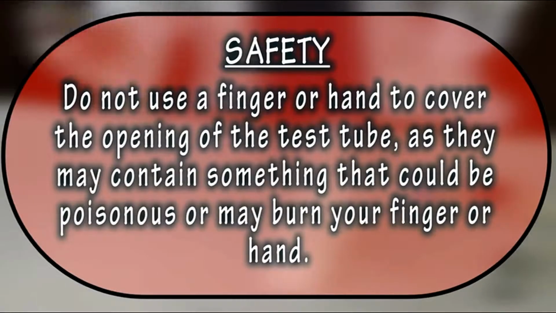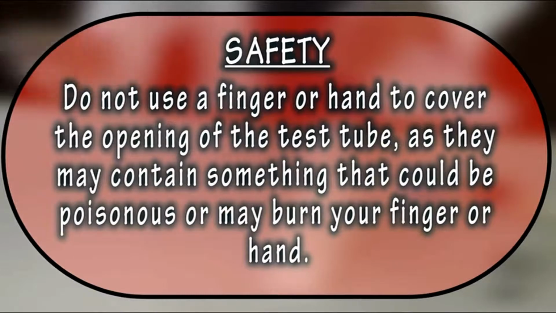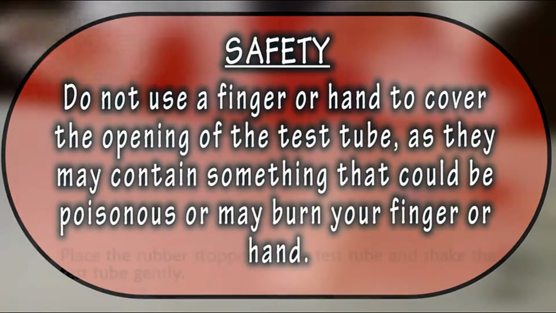Remember not to use a finger or a hand to cover the opening of the test tube, as they may contain something that could be poisonous or may burn your finger or your hand.